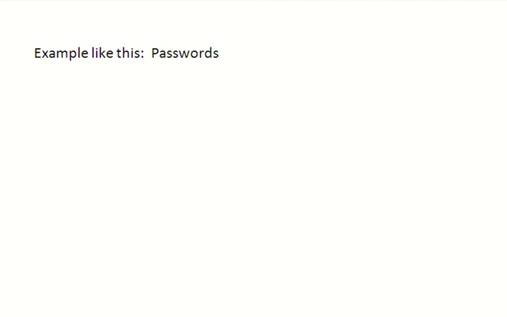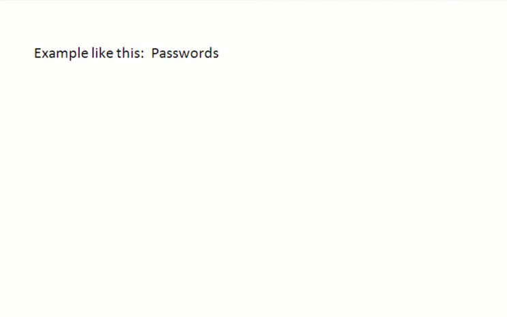Definitely an example like this whole license plate business is passwords. I mean, think about that. When you're talking about how many different passwords are possible, for the first character of your password, you have all kinds of options. And then for the second character, you have all kinds of options. And then the third character, all kinds of options.